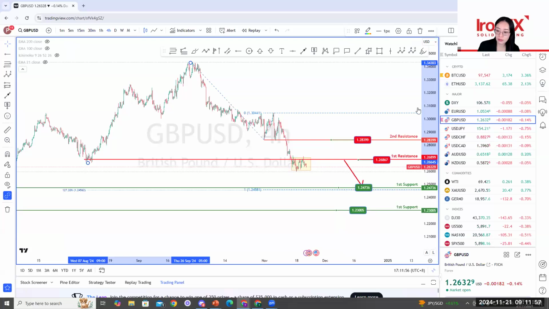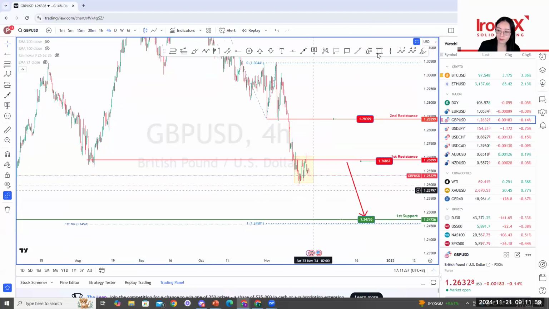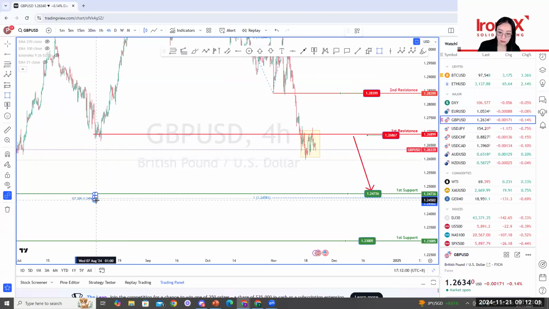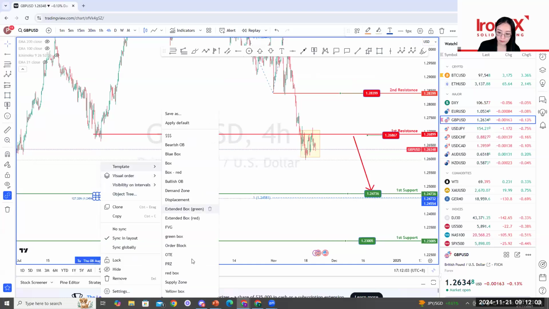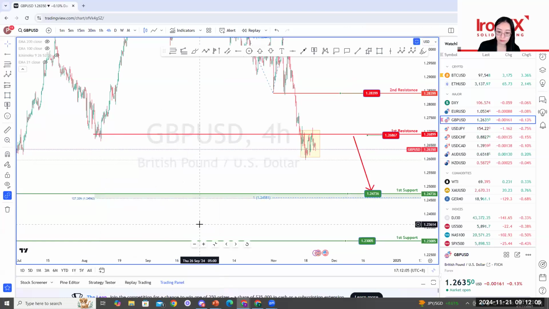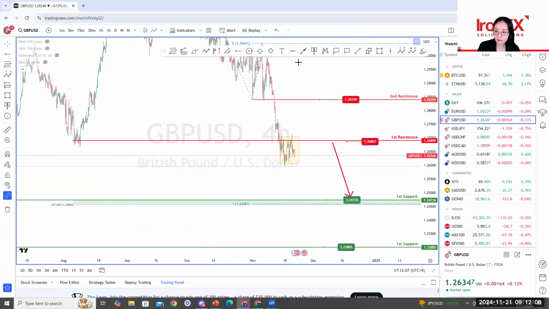Okay, so this is gonna be our area of support level. The below one is this number.